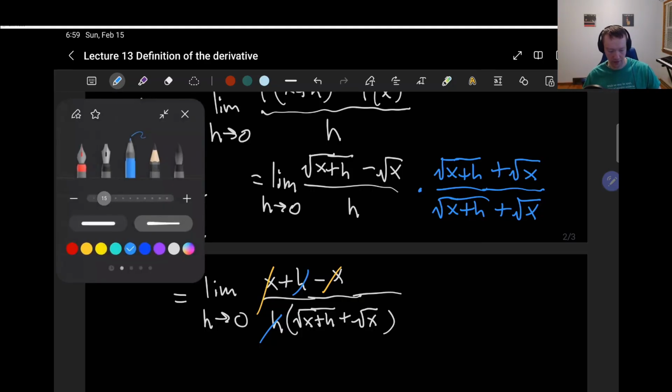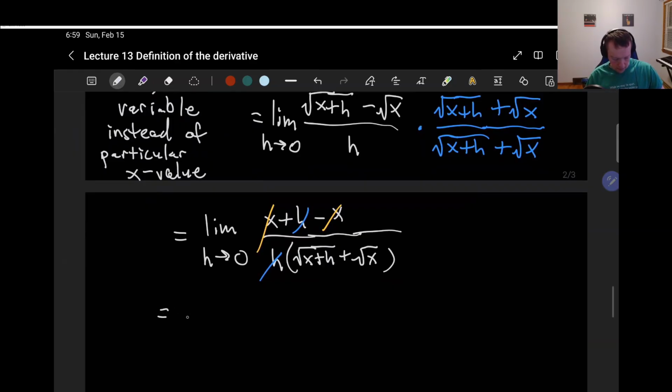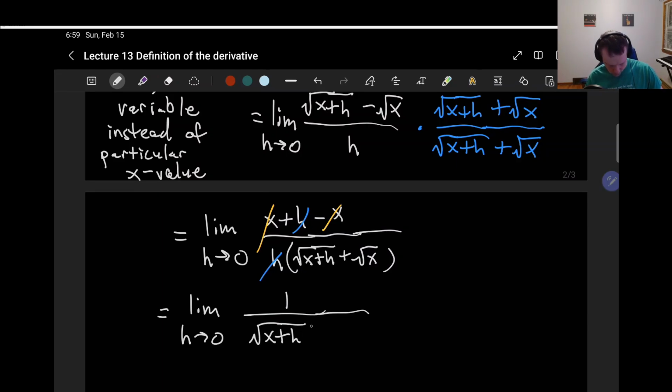So I'm doing two steps at once there. Here's what we're left with. Just a 1 left up top because the h canceled. Now it might look a tad messy, but notice that when you plug in 0 for h, this actually works out just fine.